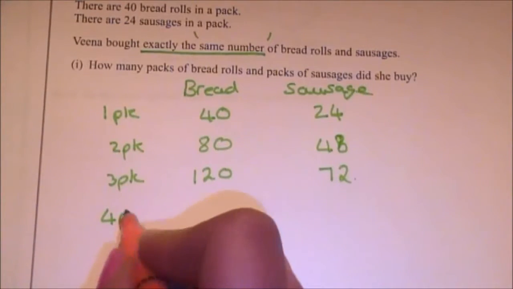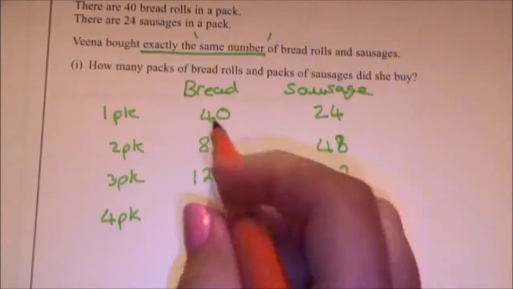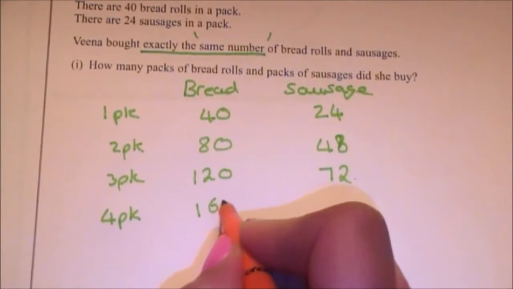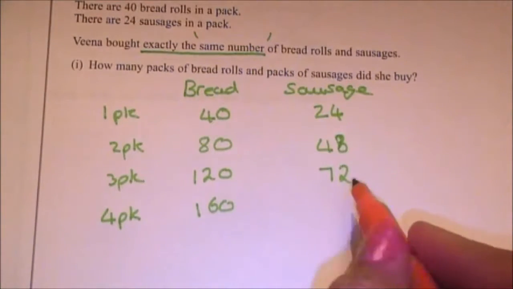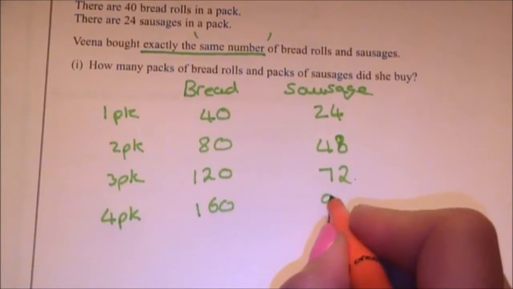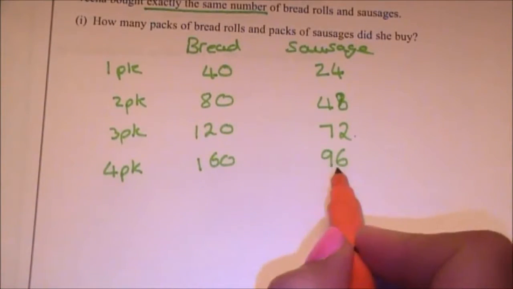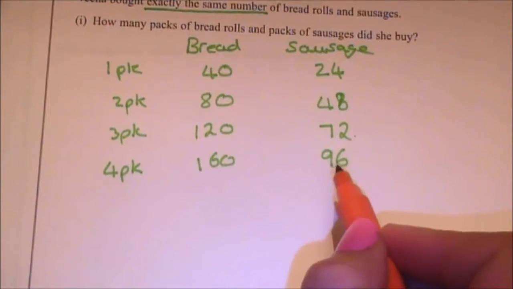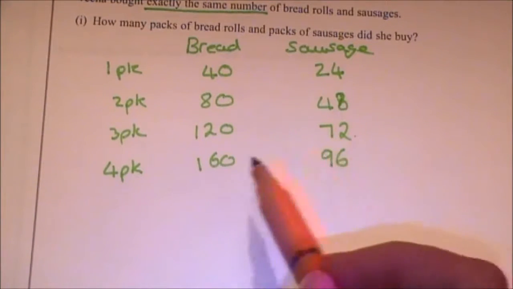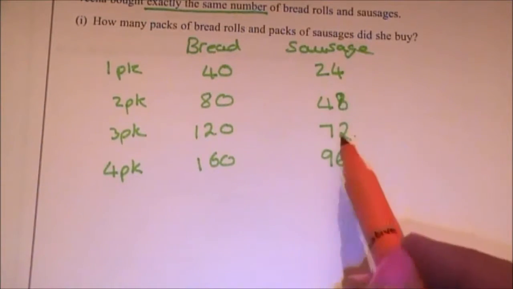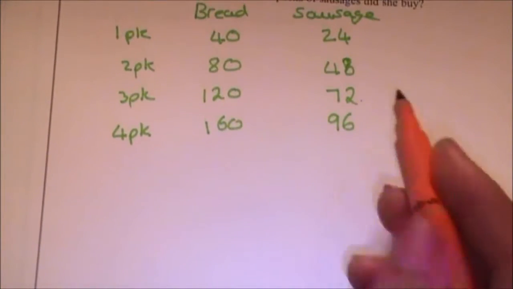4 packs of bread rolls is going to give me 160 bread rolls, and 4 packs of sausages would give me 96 sausages. Now, because my bread is way ahead of my sausages at the moment, because they're the smaller packs, I'm just going to stop adding on to my bread just to save me some time, and I'm going to catch up with my sausages.